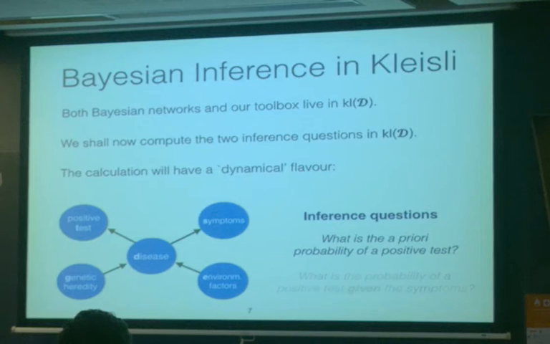So for instance, focusing on the first question, the computation is going to start with a state on the two priors. With state transformer, we're going to move it to the disease node. With state transformer again, we're going to move it to this node. And then we're going to do an observation of a positive test. And this is the conditioning of a state over a predicate. Okay, so this is pretty simple.